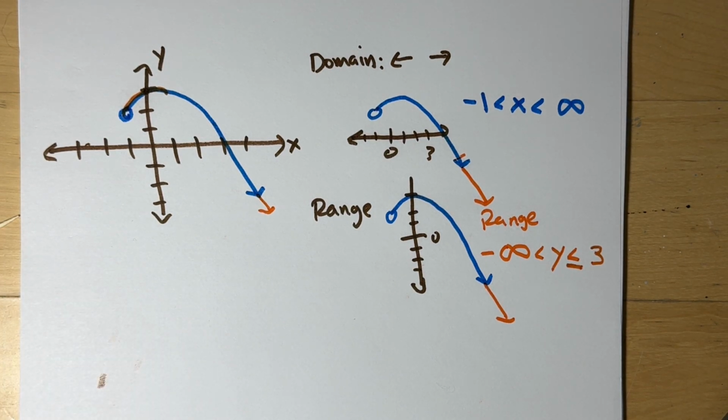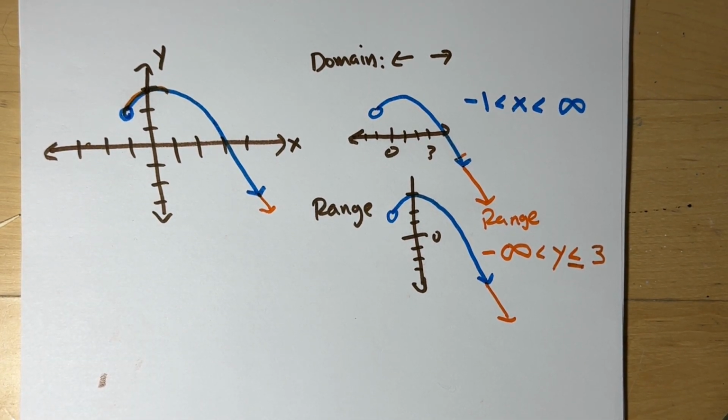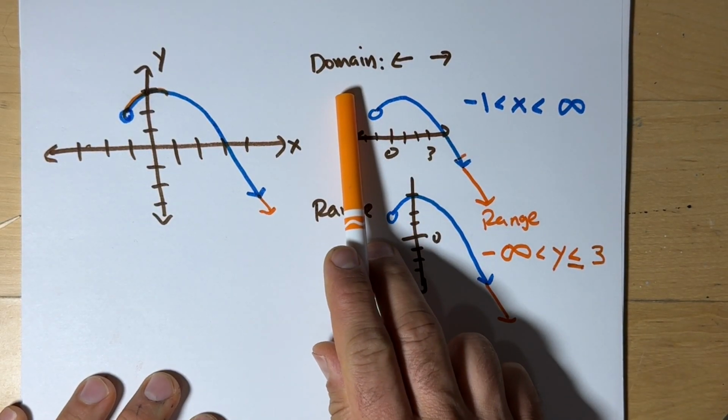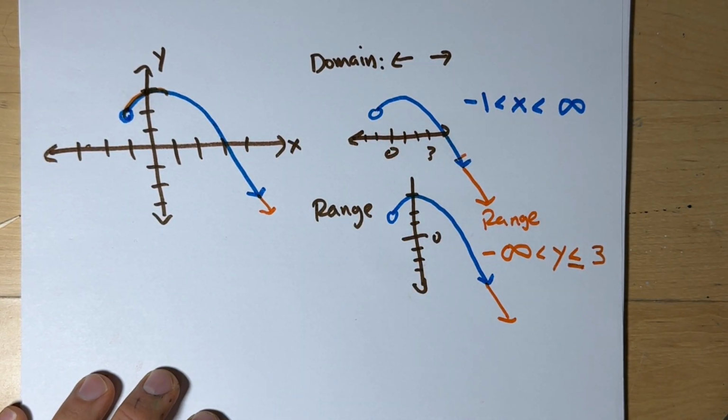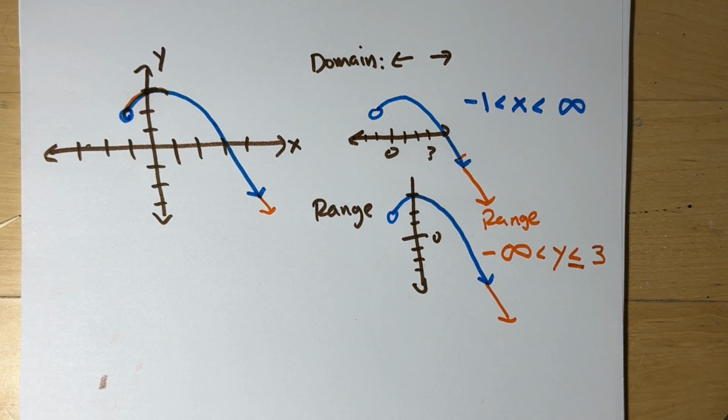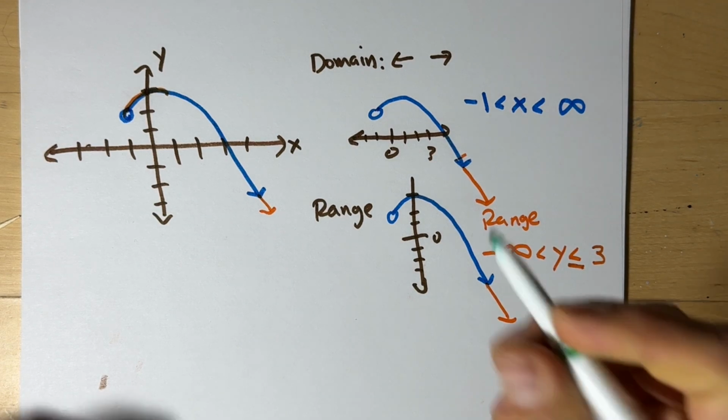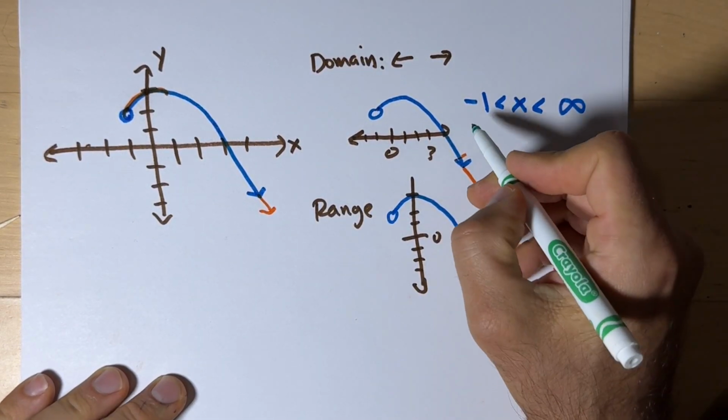So if we look at it one at a time, going left and right or going up and down, hopefully domain will start to make a little bit more sense. If we wanted to do interval notation, which some of you are doing, it would actually follow the same idea.